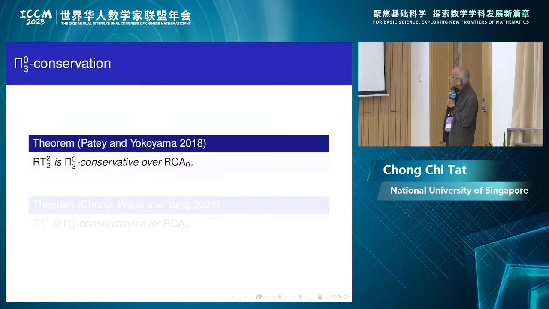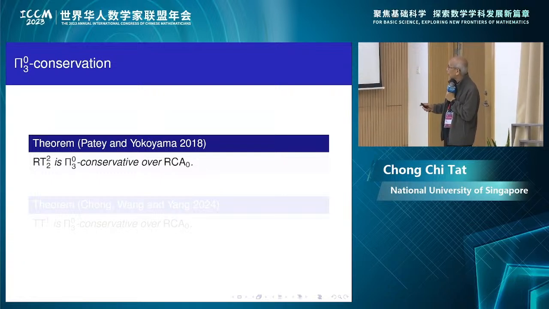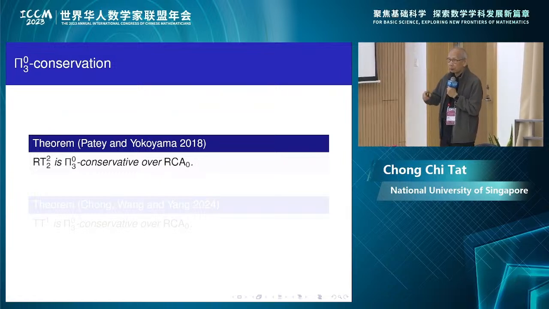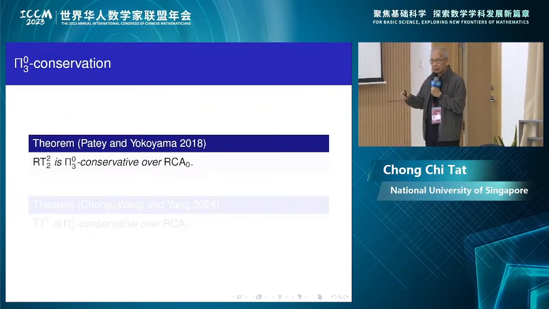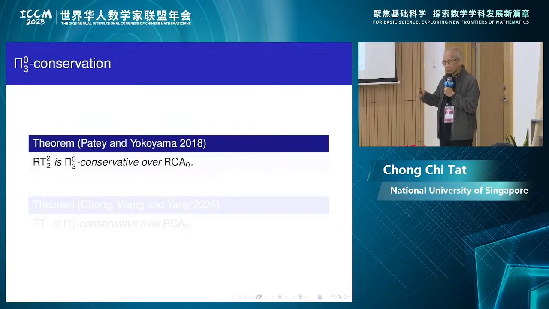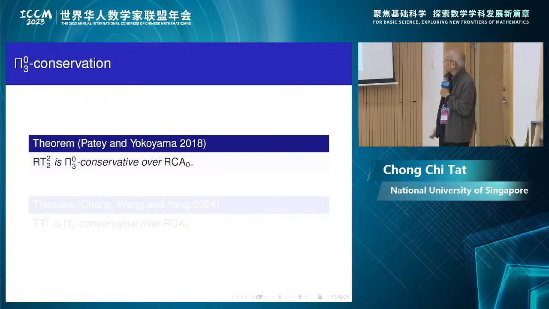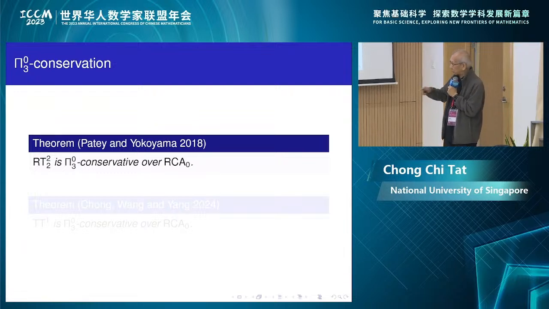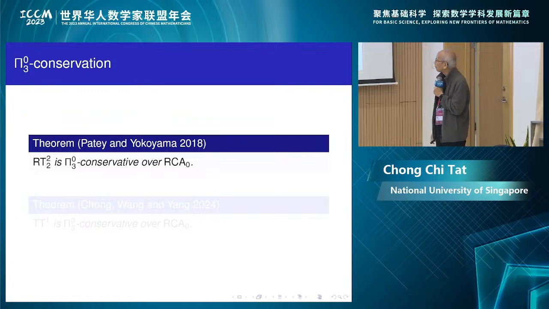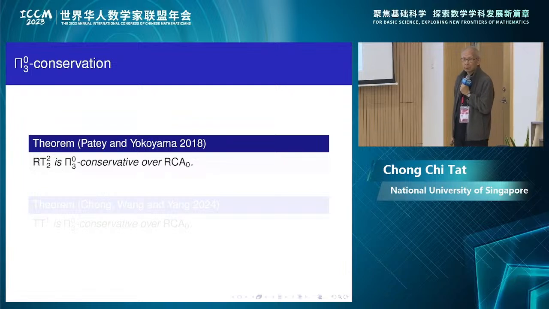What this means is that every formula that's Pi03, meaning a formula of the form for every x there's a y, for every z, is what we call a Pi03 formula. If RCA0 plus RT22 proves a theorem of that form, then that statement is already provable in RCA0.